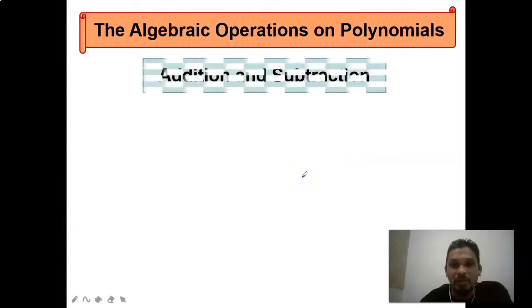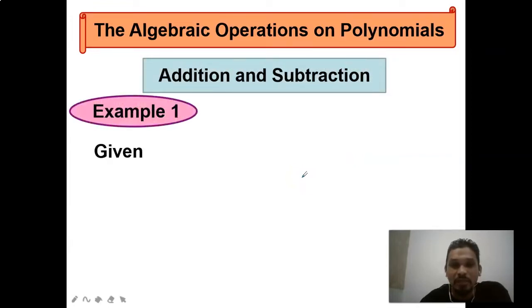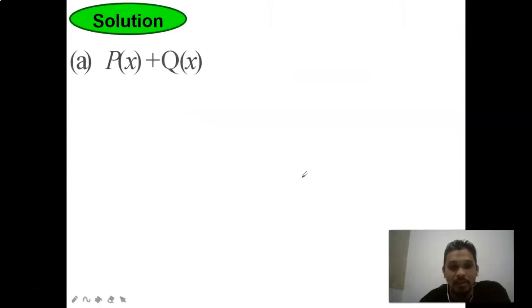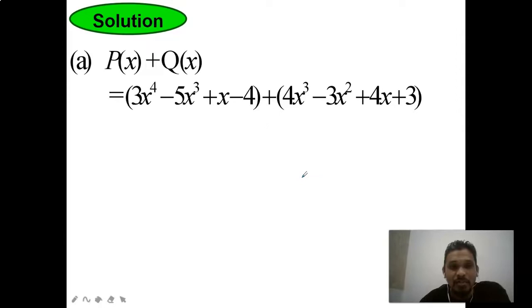Algebraic operations on polynomials: addition and subtraction. For example, as you see here, p(x) and q(x). Determine a, p(x) plus q(x), and also b, p(x) minus q(x). So p(x) plus q(x), as you see here. This is the polynomial of p(x), and this is the polynomial of q(x).